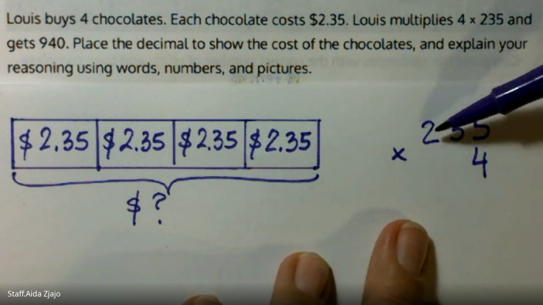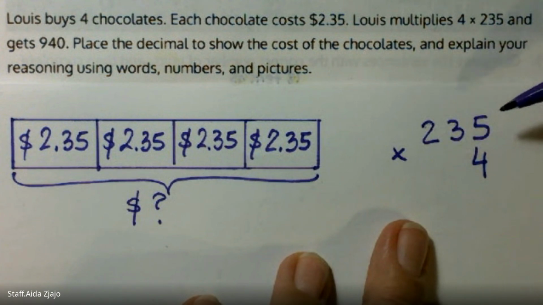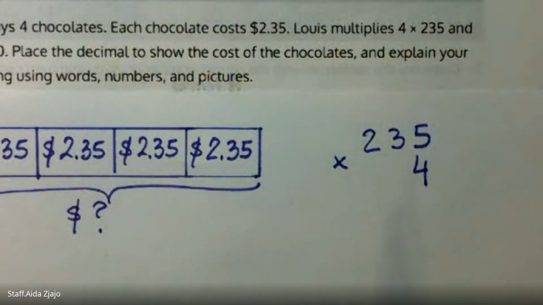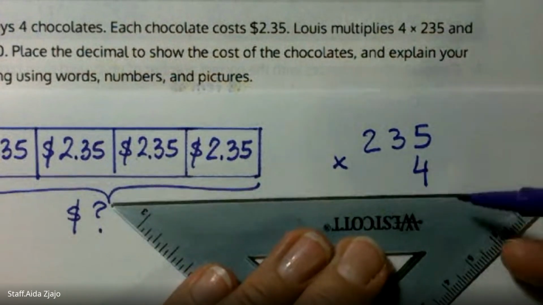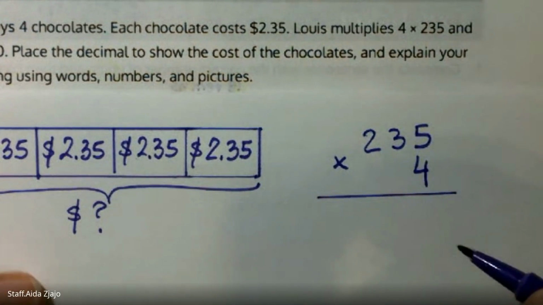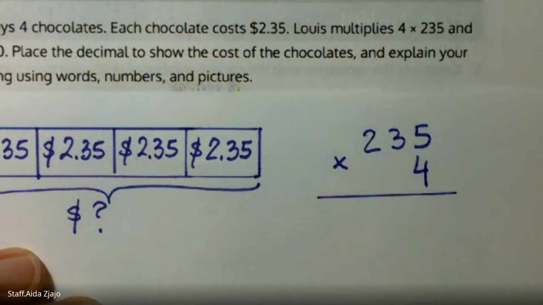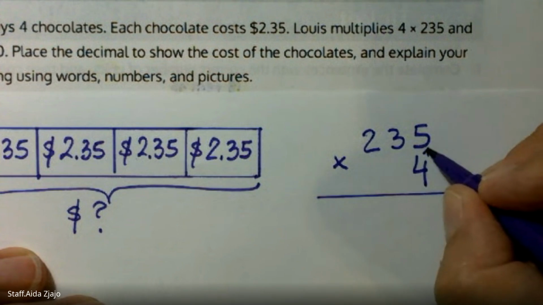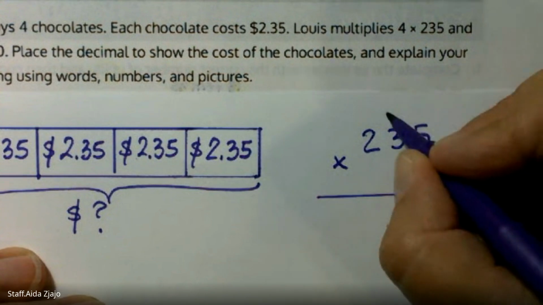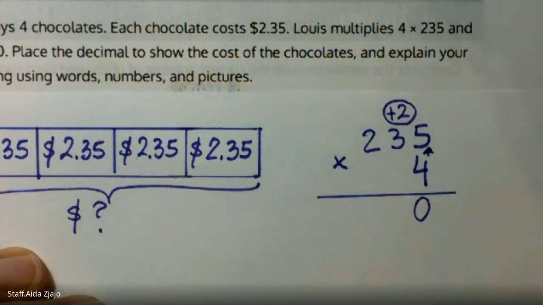because if you think about $2, there are 200 pennies. So you think about this to be 235 hundredths, or pennies, and then you multiply by 4, but at the end you have to change the pennies into dollars to tell the correct price. So let's see what he did. 4 times 5 is 20. 0, I made 2 tenths.